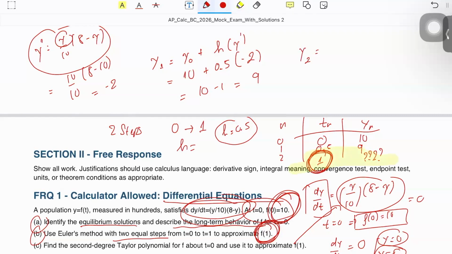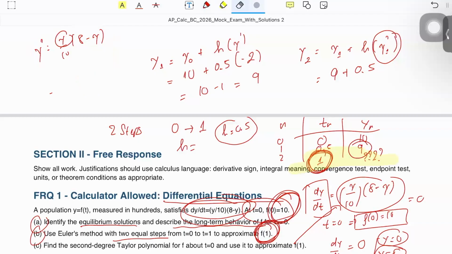Next, I'm going to do y2 equal to y1 plus h times the derivative at y1. My y1 I just found is 9, plus h, which is still 0.5. For the y1 prime, you need to find a new derivative using the same formula, but instead of plugging in 10 like the previous step, now you plug in 9. So y prime equals 9 over 10 times (8 minus 9), which is negative 1, so it's negative 9 over 10.